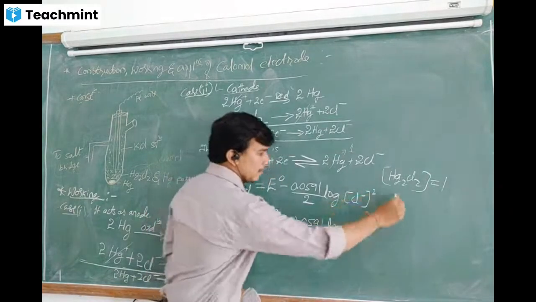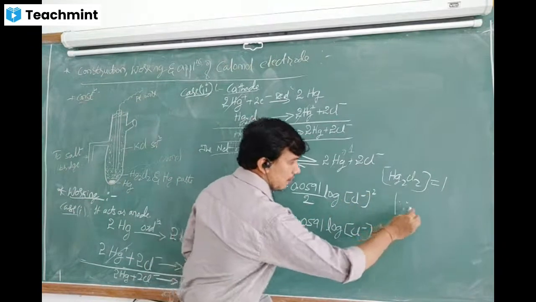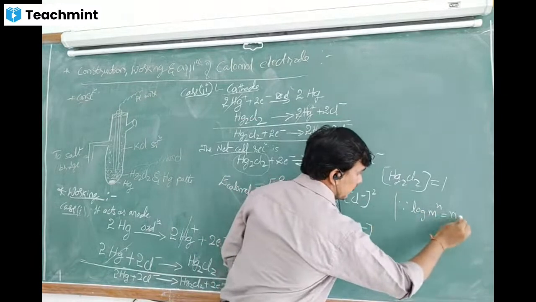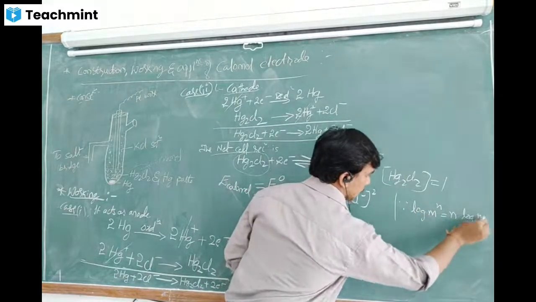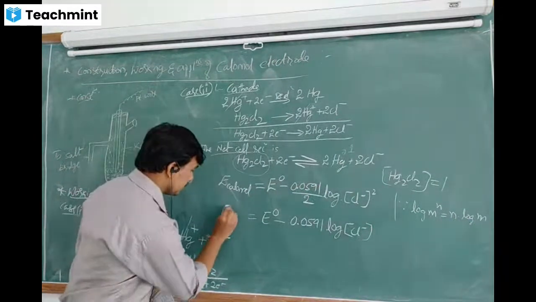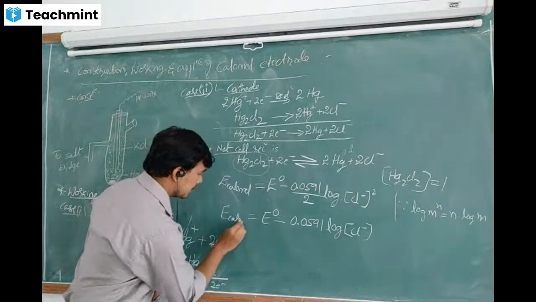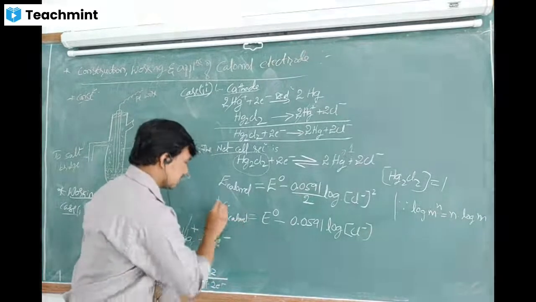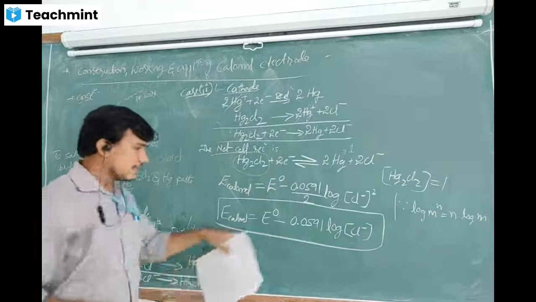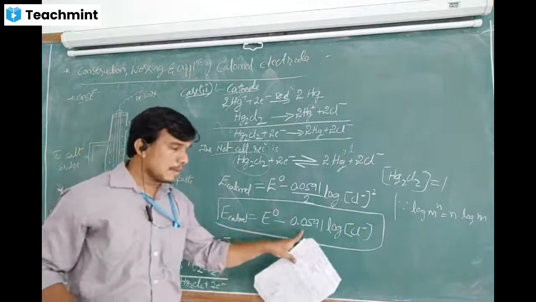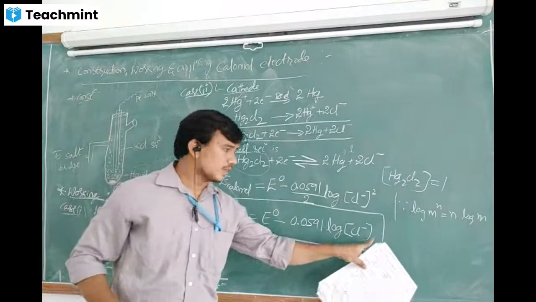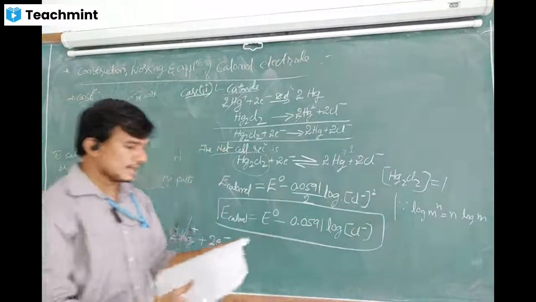Log m power n equals n into log m. So the calomel electrode potential you can calculate as E naught, the standard electrode potential, minus 0.0591 into log of concentration of chloride ions.